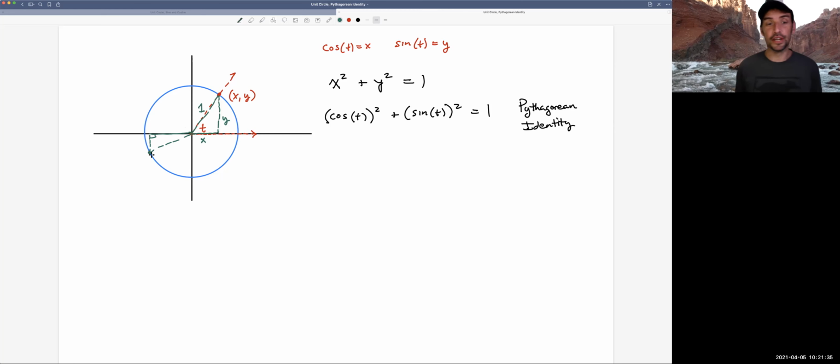So the equation of circles and the Pythagorean formula have a very strong relationship, also related to the distance formula, which is why this translation from triangles to circles for trig is less of a surprise than it may seem in the beginning. But it gives us this nice identity.